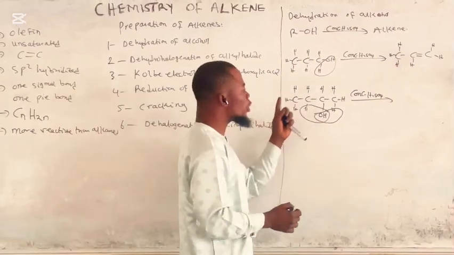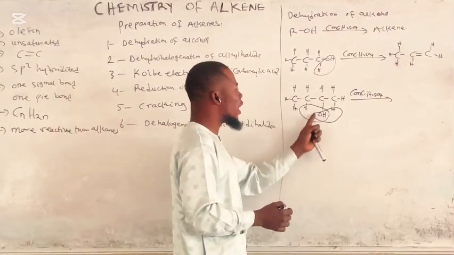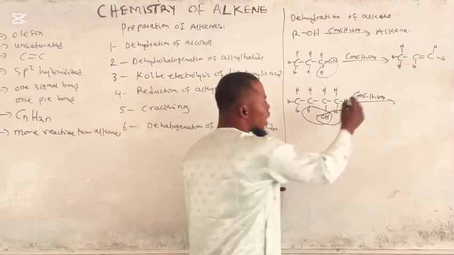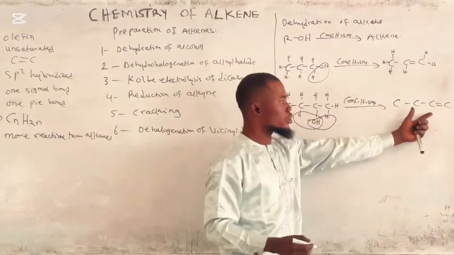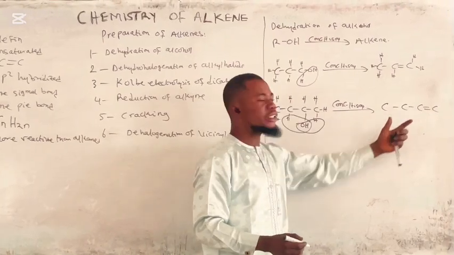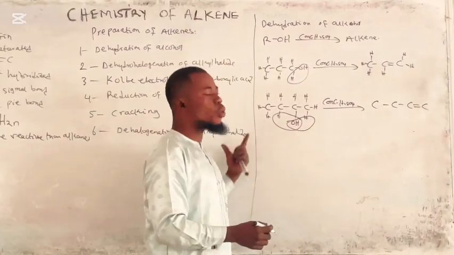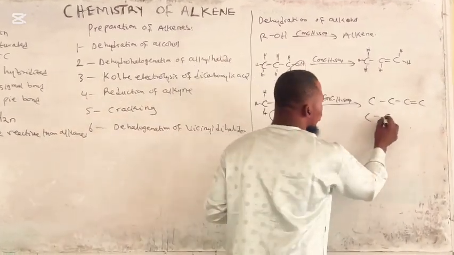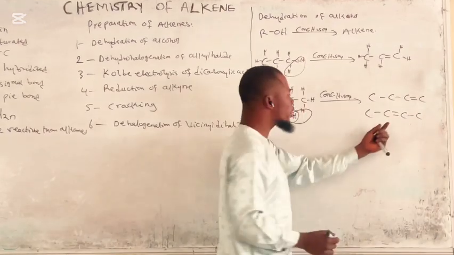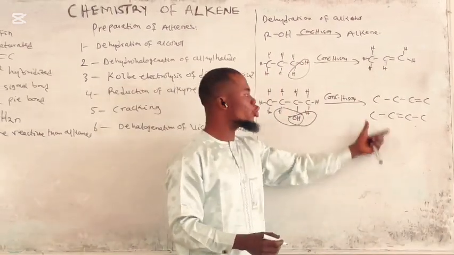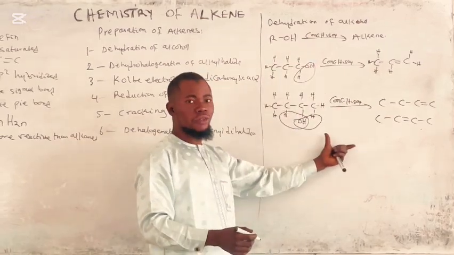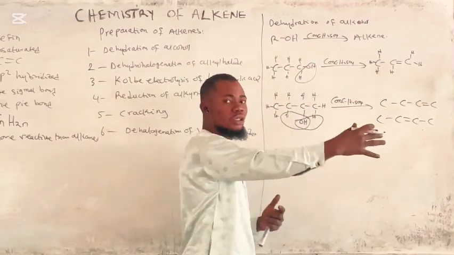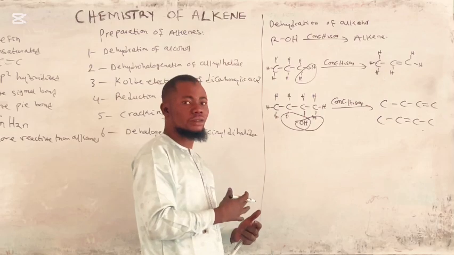So if you dehydrate forward, we have but-1-ene, but if you dehydrate backward, we have but-2-ene. These are the two main products when dehydrating an alcohol: either you dehydrate forward or backward.